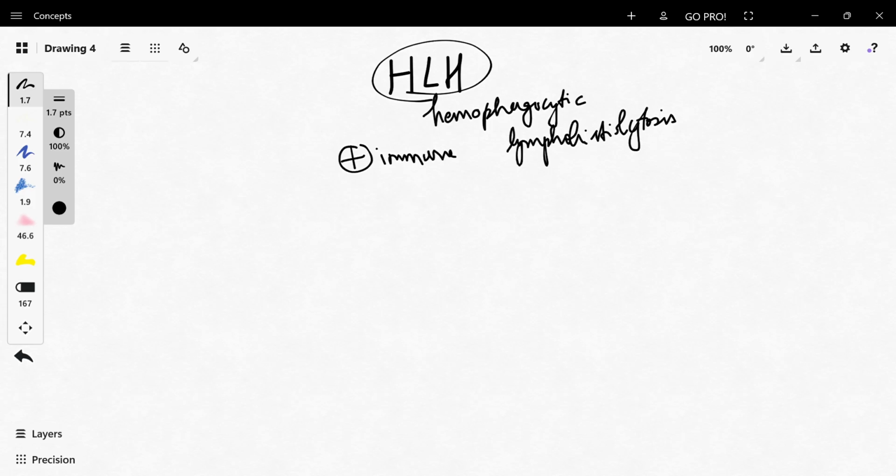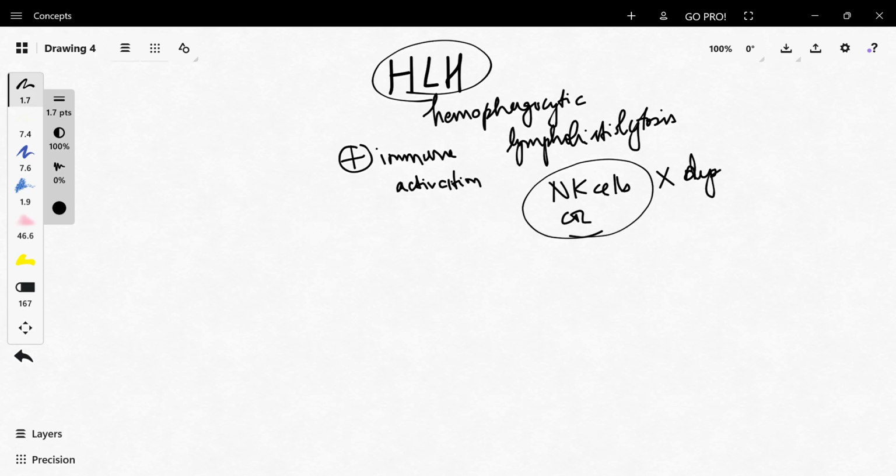Think of it as your immune system that has sort of gone haywire and lost its off switch, wherein the NK cells and the cytotoxic T lymphocytes have lost the ability to take out dysfunctional macrophages. Okay.